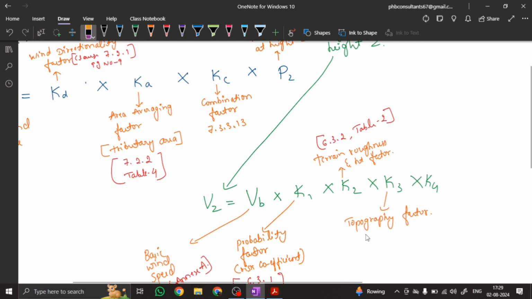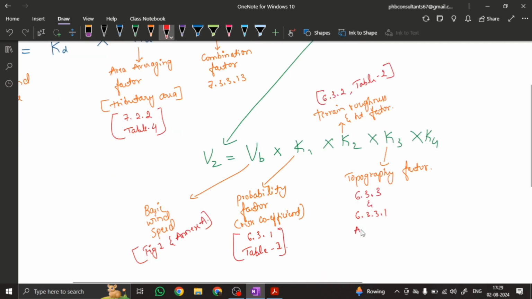We are using 6.3.3, 6.3.3.1 and Annex C for more information. Okay, this is our K3 value.